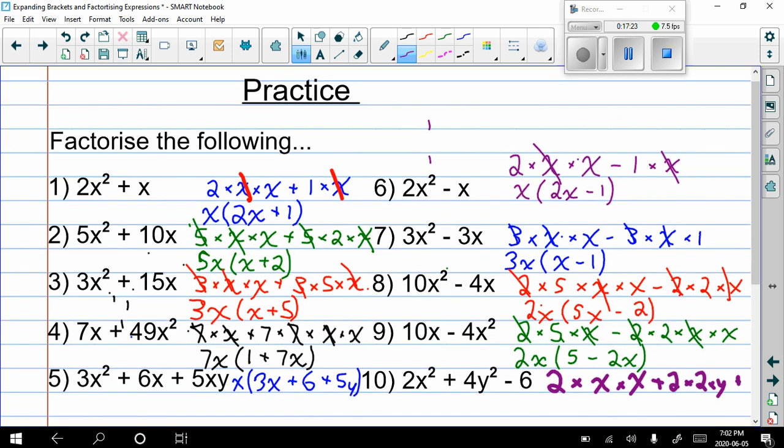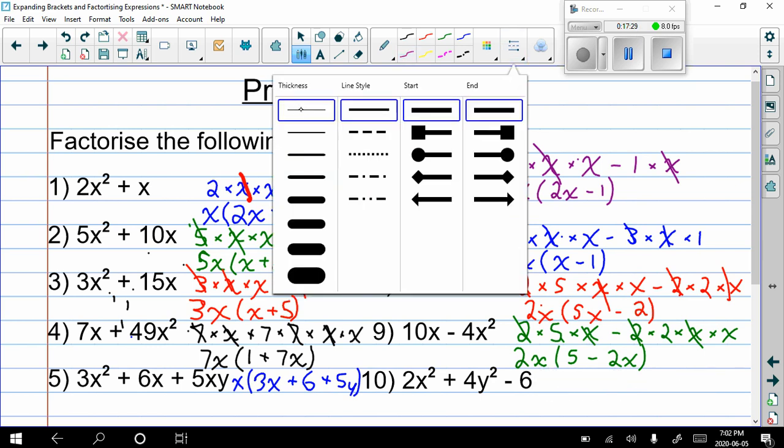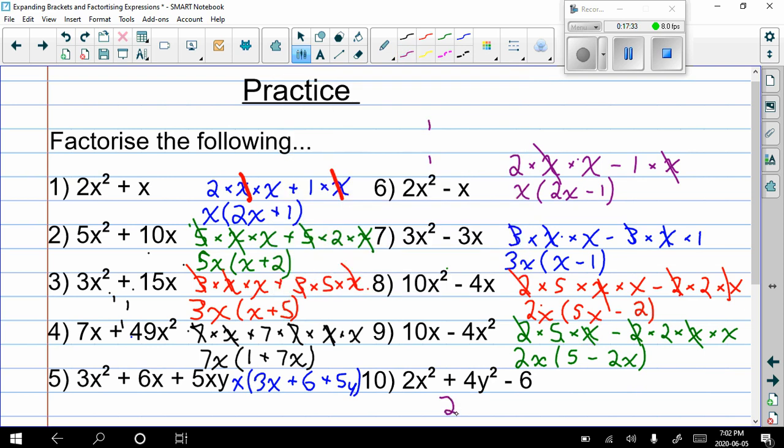Sorry, I'm actually going to erase that, change the pen, or move down so it all goes on one line. So here, we're going to write it as 2 times x times x plus 2 times y times y minus 2 times 3.